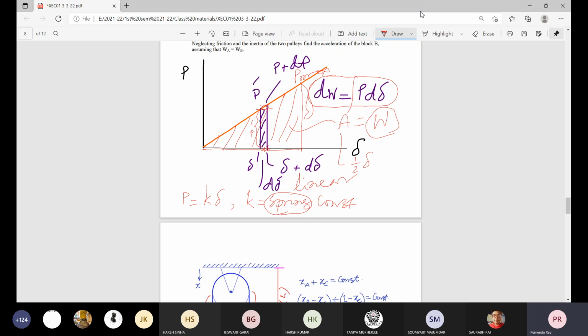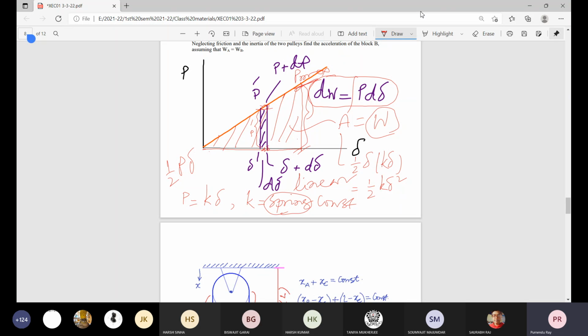What about this height? It is P. And what about this P? P is K delta. So half K delta square. Or we can write half P delta also. Where P is the maximum value of the force, delta is the maximum value of the displacement.